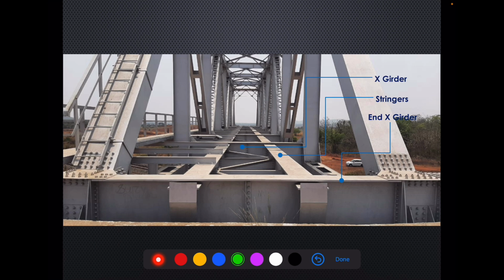Don't bother much about these members, because these members are for connecting this inspection platform with the open web girder.